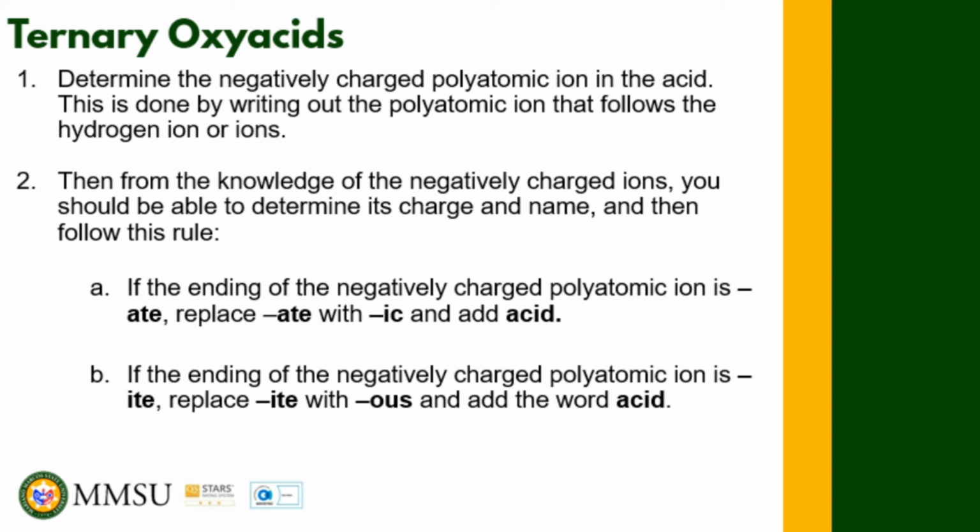So pag yung ending nung name nung negatively charged ion natin is ATE, change lang natin yung ATE with IC and then add acid. On the other hand, pag yung negatively charged ion naman natin has an ending of ITE, change lang natin yung ITE with OUS and then mag-a-add lang tayo ng acid.